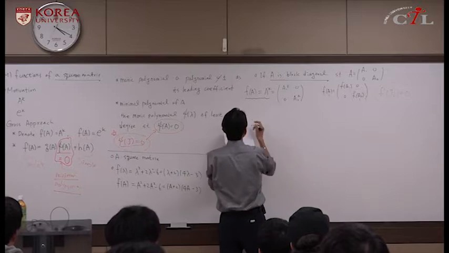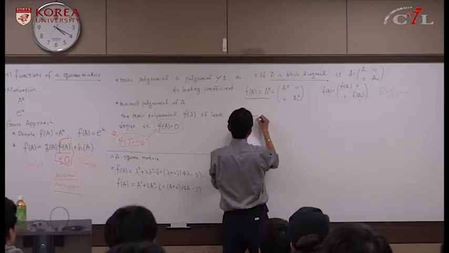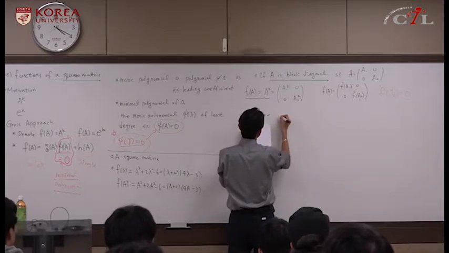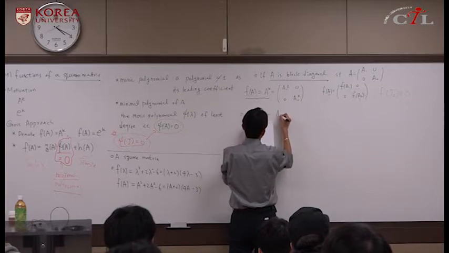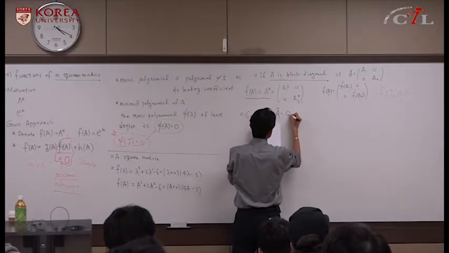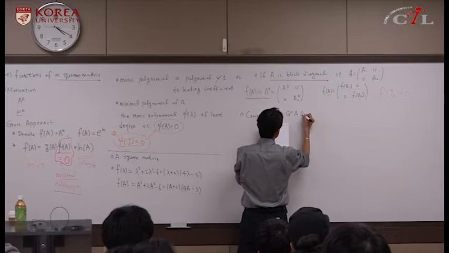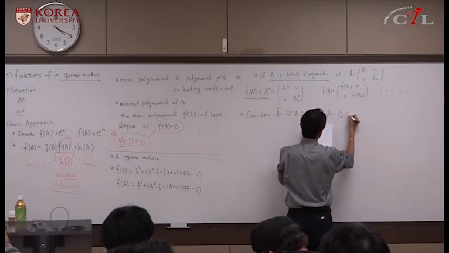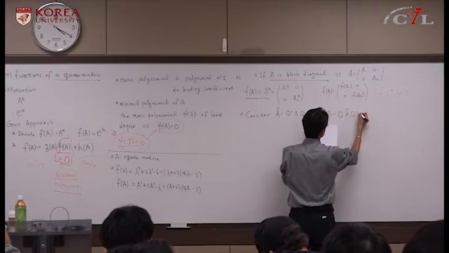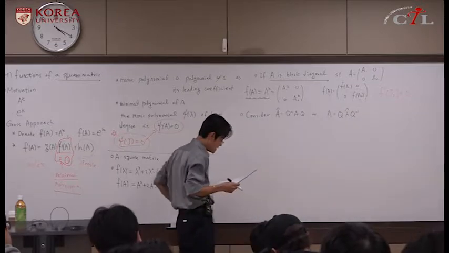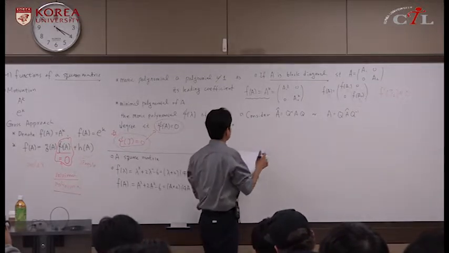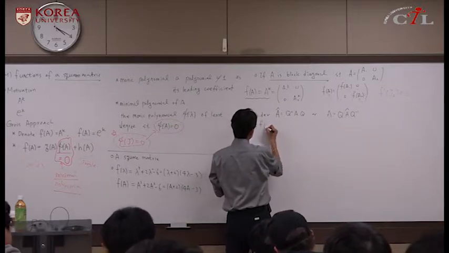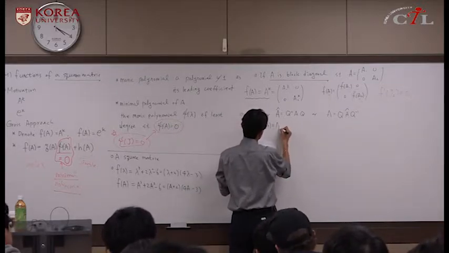Okay, now consider a similar matrix. A hat equals Q inverse A Q, or A is Q A hat Q inverse. A and A hat are similar matrices. And still, let's set f(A) to be A^k.